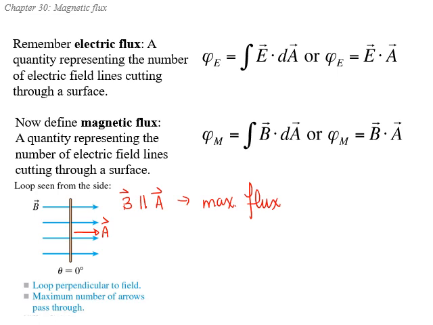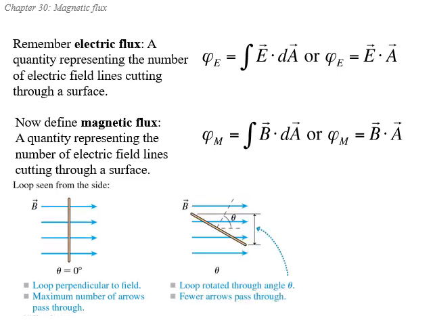Okay, if they're not exactly perpendicular, then you have fewer lines cutting through. So in this case, the flux is equal to B times A times cosine theta. So fewer lines when you're at an angle. The area vector still comes straight out perpendicular.